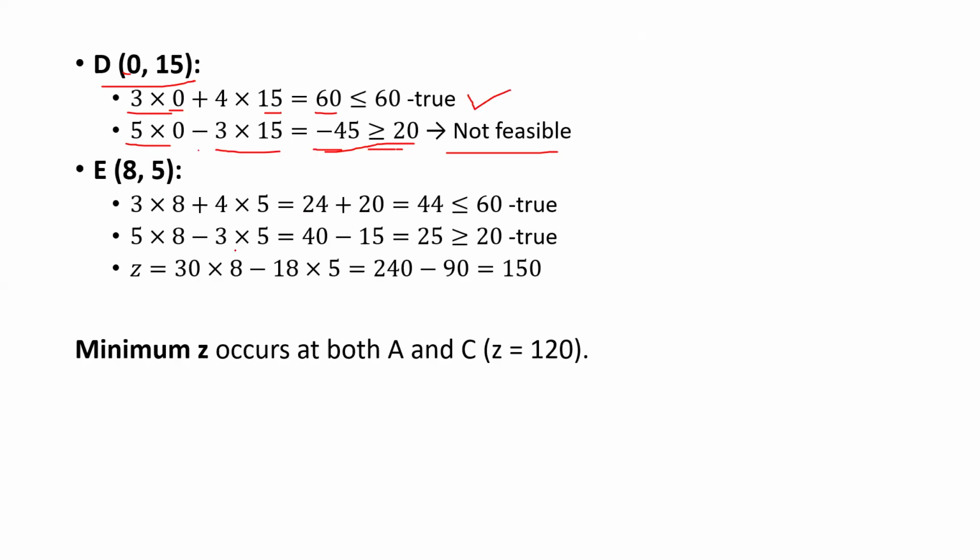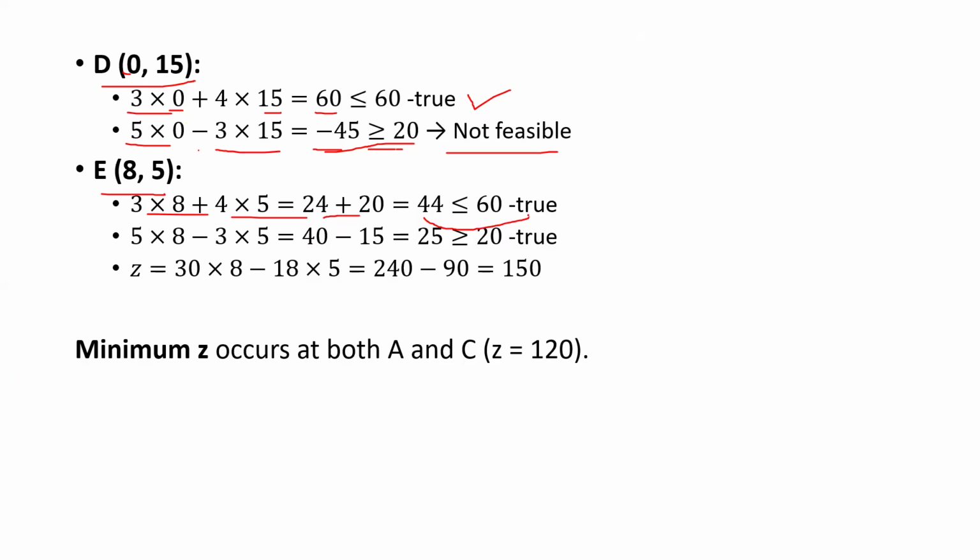That's all, we can leave it. Next one, the E value. E value is 8 comma 5. Now we can check 3 into 8, 4 into 5, 24 plus 20 is equal to 44, less than or equal to 60. That is true.